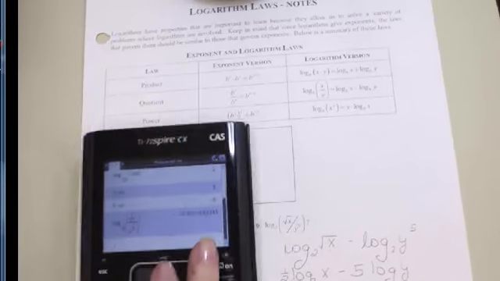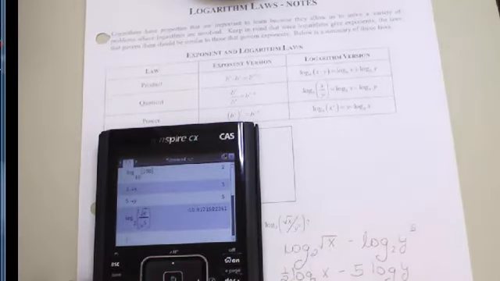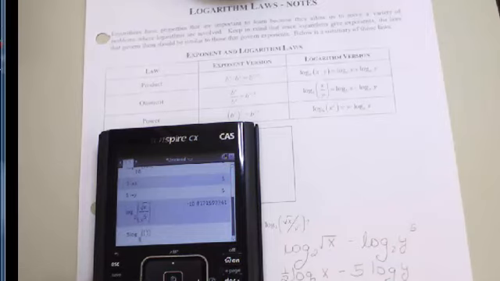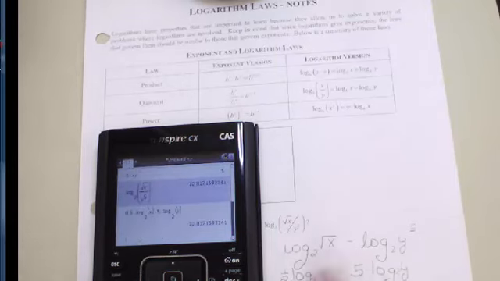What it is really doesn't matter. And then you're going to type in the correct choice. Put 2 there. And we've got the same decimal.